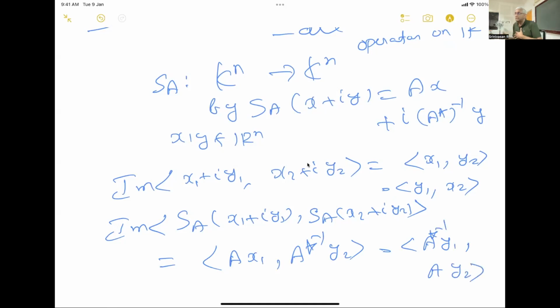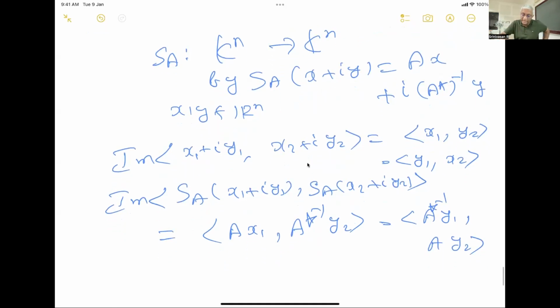You just write the definition and compute the inner product, and you get this, right? Now, the A star inverse, if you bring it over as A inverse, will get cancelled, and this is equal to the original one, x1, y2 minus y1.